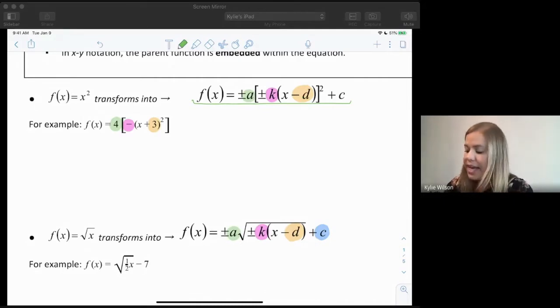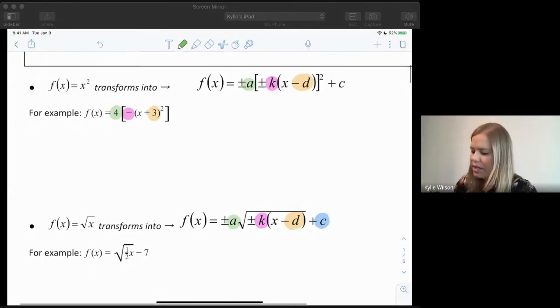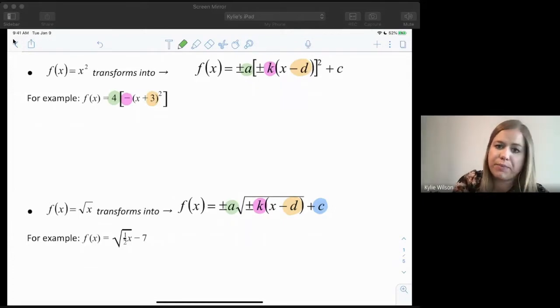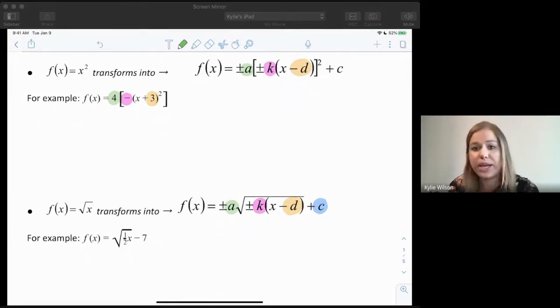So the A always goes out in front. Inside the brackets, or touching the x, is where we'll find K and D. And then our C is just tacked on at the end. So we'll do a few examples of identifying these. If I look at this first example, I have f of x equals 4, all in brackets, negative x plus 3, all squared. So the first thing that we do is we identify our A, K, D, and C. If there isn't one of those letters, we just leave it and it doesn't impact our equation.